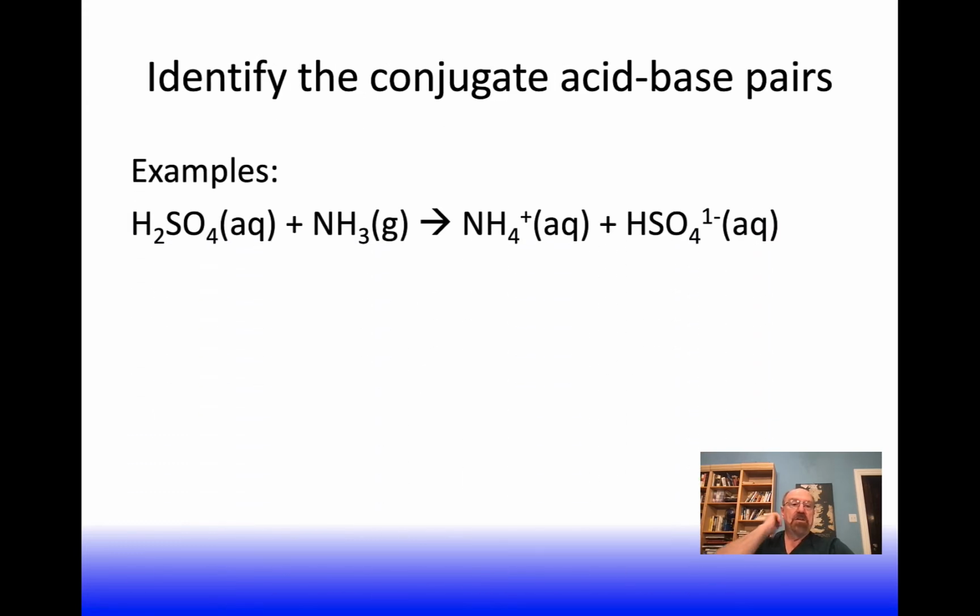Okay, so let's take a look at this one. We have sulfuric acid reacting with ammonia to form ammonium ion and hydrogen sulfate. Let's take a minute here and see if we can figure out what is the conjugate acid, what is the conjugate base, what is the acid, and what is the base.